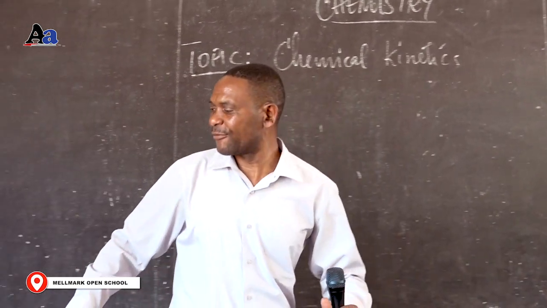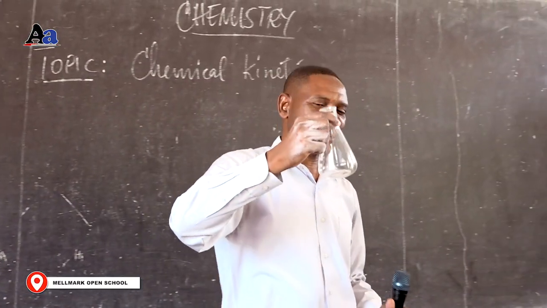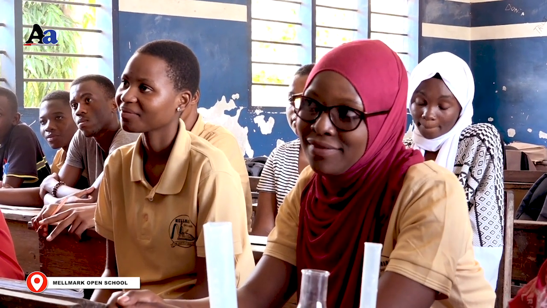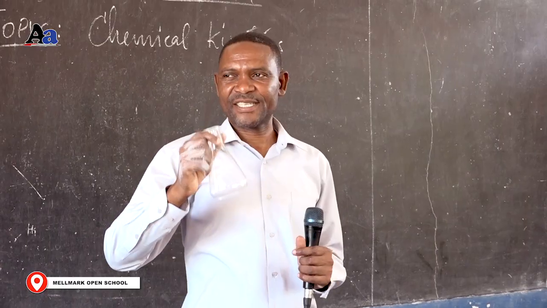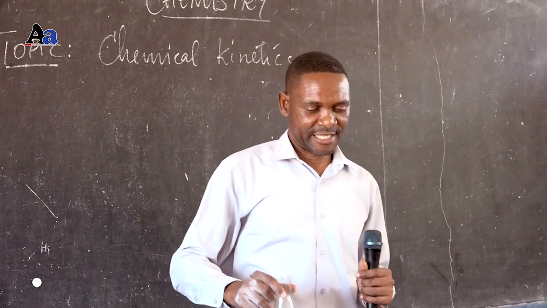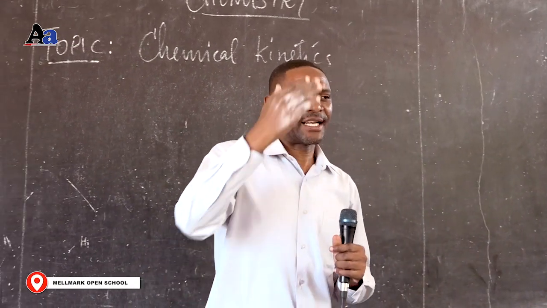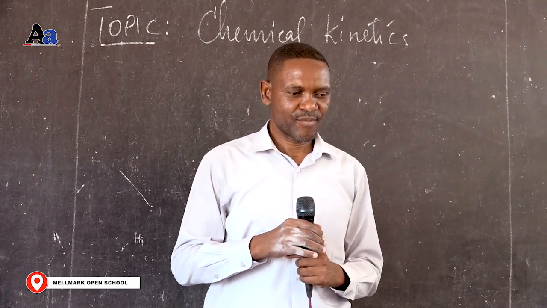We also have a conical flask. This is also very important in an experiment to demonstrate concentration is a factor that affects rate of reaction. The conical flask. We shall have a stopwatch and the chemicals as we shall see.